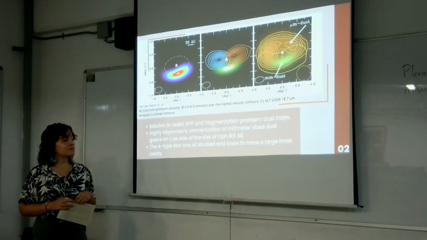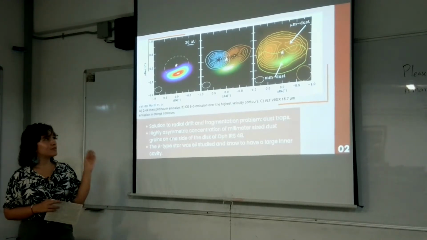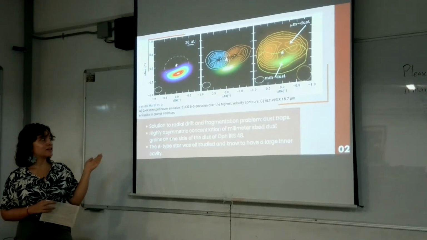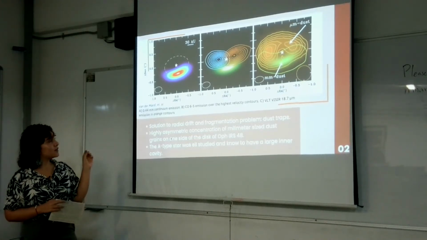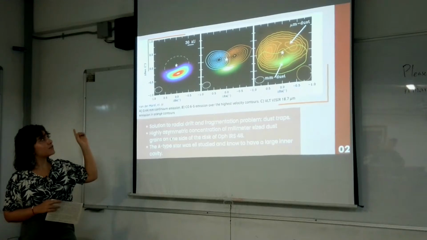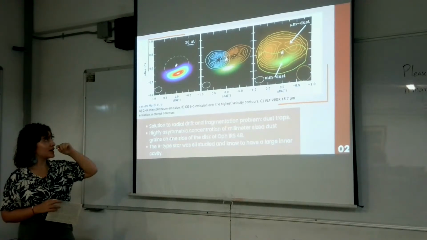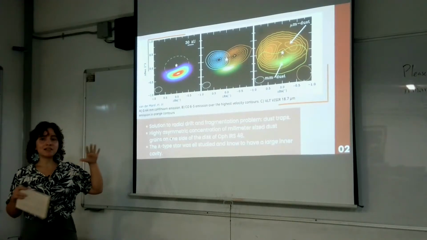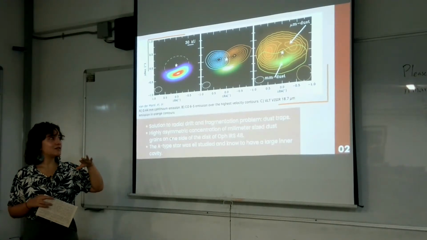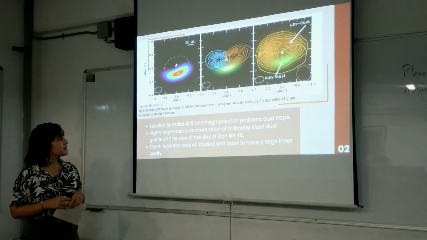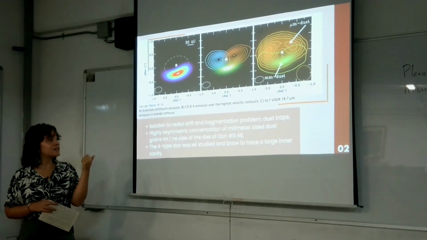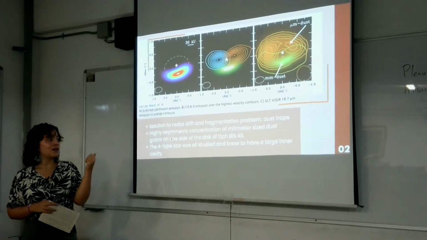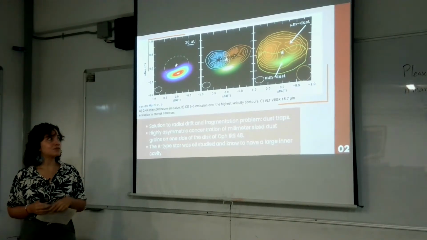And so the study found a highly asymmetric concentration of millimeter-sized dust on one side of the disk of IRS 48, which is a disk around an early A-type star in a star-forming region. So this A-type star was really well studied, and it was known to have a large inner cavity.